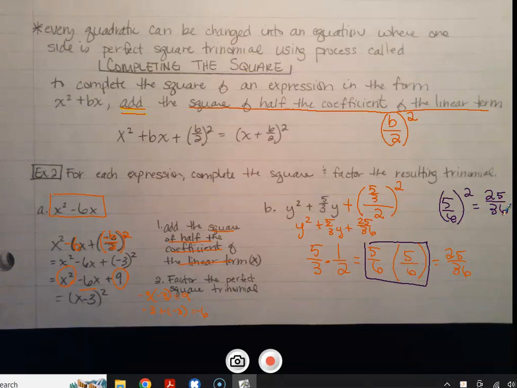Because this is a square, we're going to take it back down to the square in the next step to get this squared term. So it's going to be y, because we're taking it to the next step. It's going to be y plus 5 sixths squared anyway.